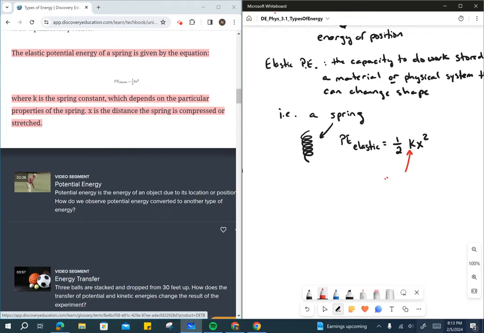This is your spring constant. It varies depending on material and other properties as well.